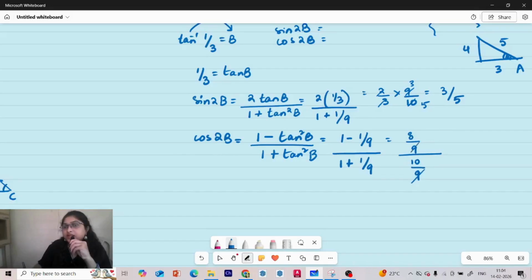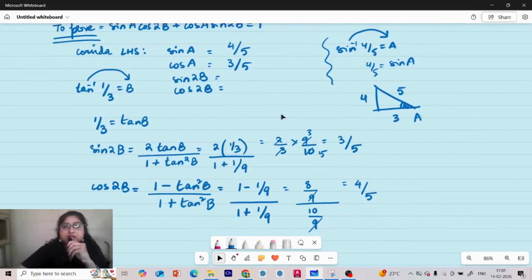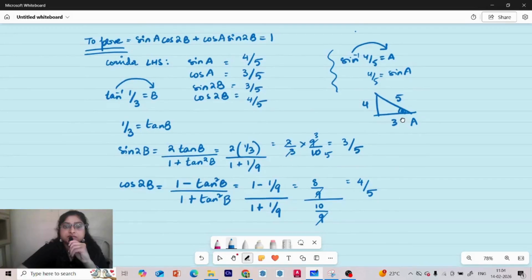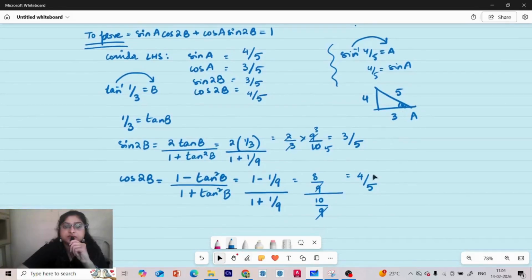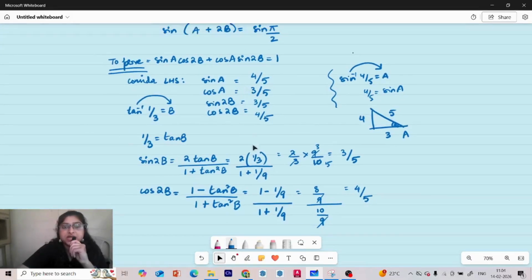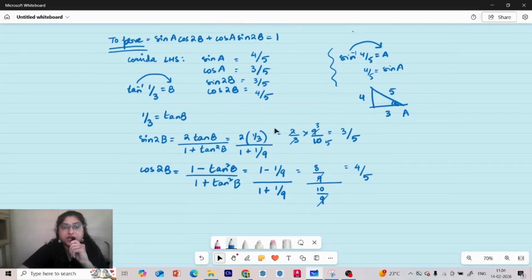The 9s cancel, we get 8 by 10, which is 4 by 5. So our sin 2b is 3 by 5 and cos 2b is 4 by 5. Done. Now we have the values of sin a, cos a, sin 2b, cos 2b.